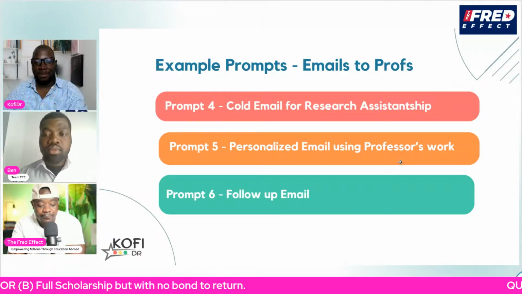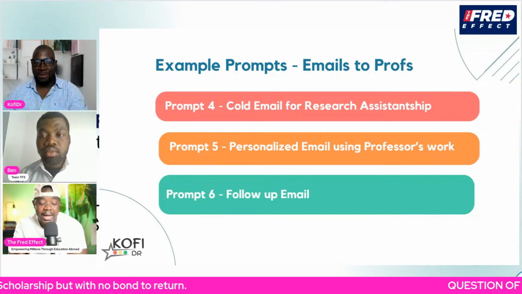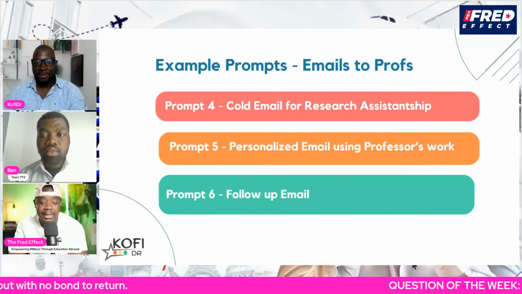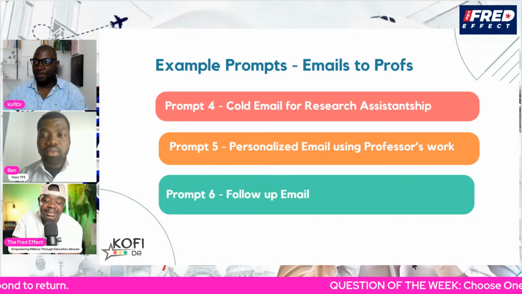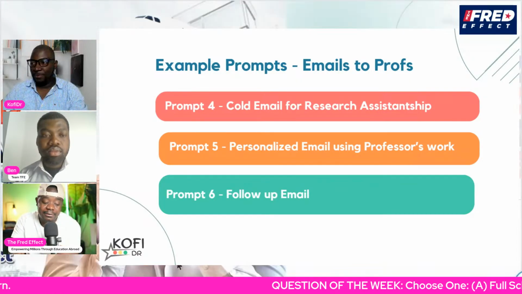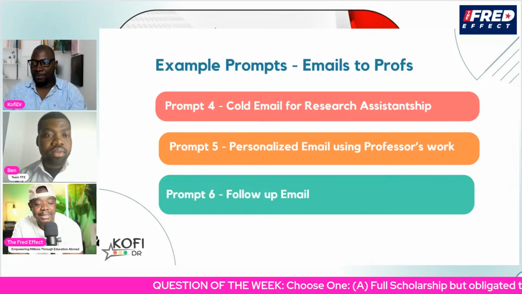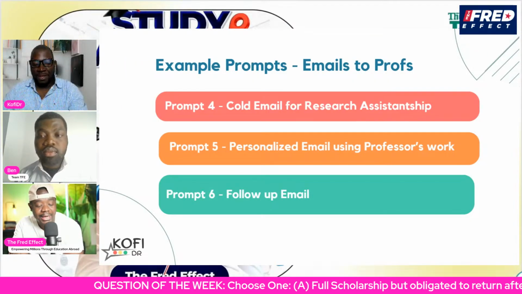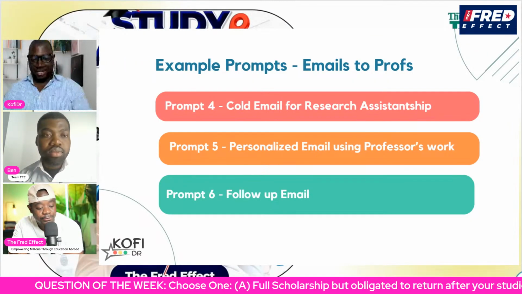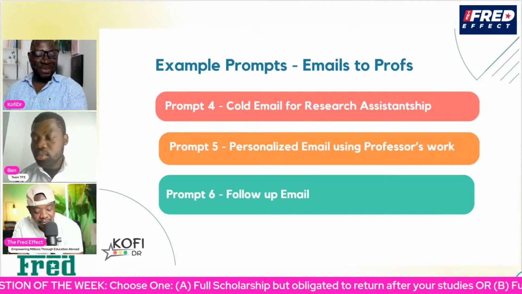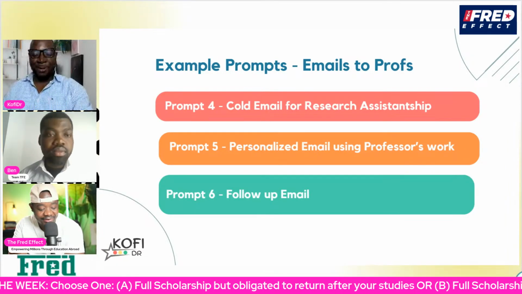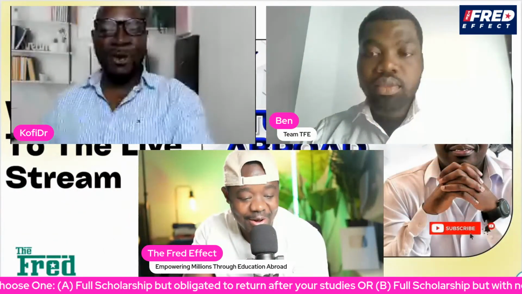It's super helpful. So we'll move on to the other sets of prompts, but remember that if you are just tuning in, this is the Steady Abroad podcast with the Fred Effect. Today we have Dr. Kofi. Dr. Kofi, what's a little bit about you? Where did you school? You schooled in KNUST, and then you moved on to. Let me give my secondary school a shout out. I went to GSTS, so I'm a giant.